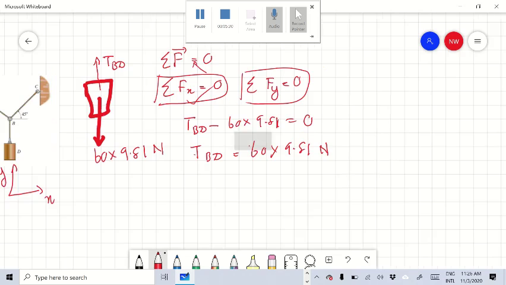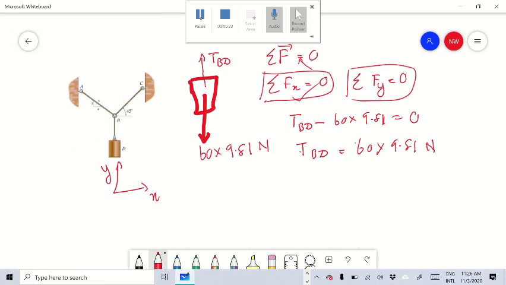But now we want to find the tensions in this cable and this cable. That is what the question is asking, the BA and BC cables. So how can we find the tensions in BA and BC? If you consider the equilibrium of this ring B, we can treat it as a particle, because we don't need its dimensions to write the equilibrium equations.